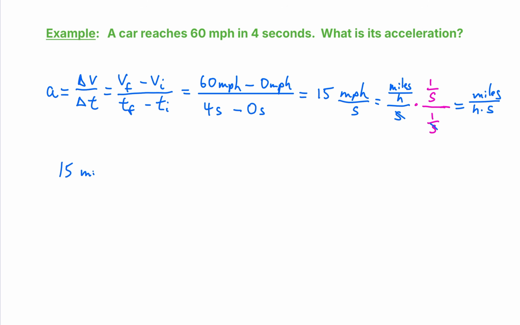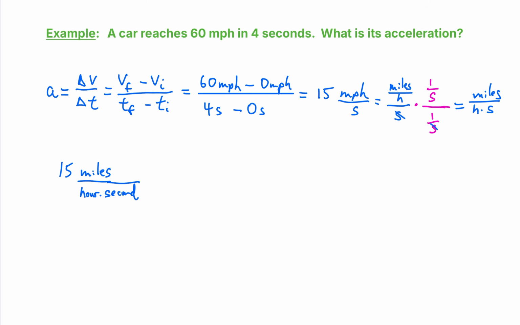15 miles per hour times second. We want to convert this into hours, and the way to do that is to use the unit measure conversion that we discussed the other day.